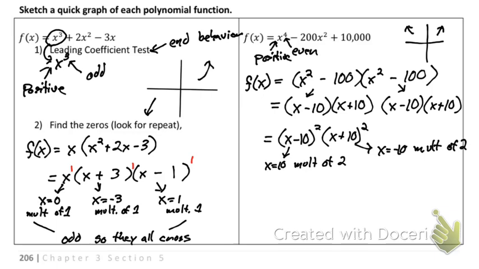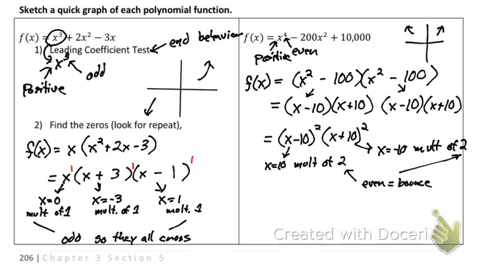So that means its multiplicity is even. Even tells you it's going to bounce off at those points. So a multiplicity of 2, that's even. This is even. Even tells you it's going to bounce. Even equals a bounce. Odd is going to cut through. Even is going to bounce off.